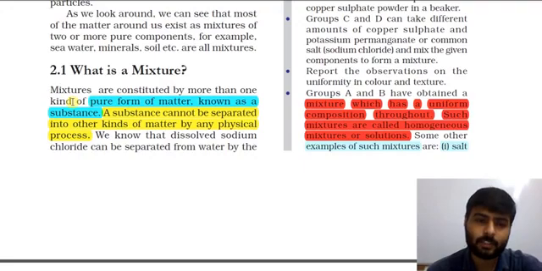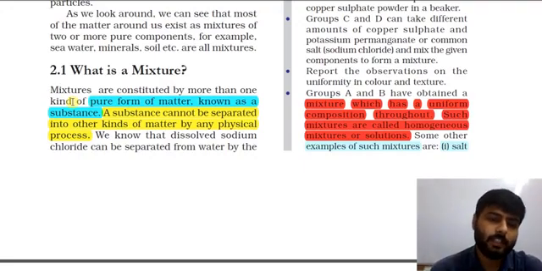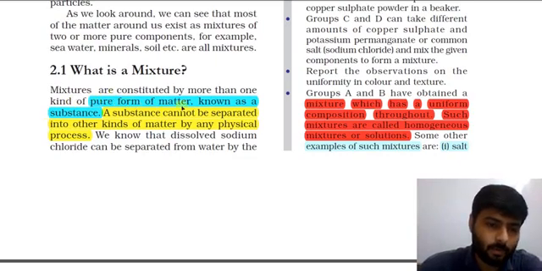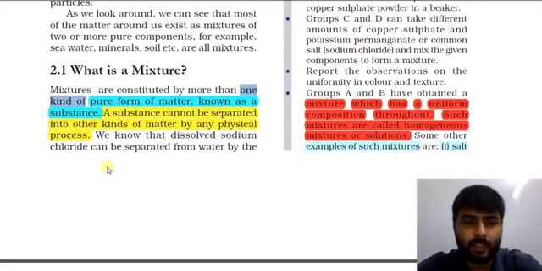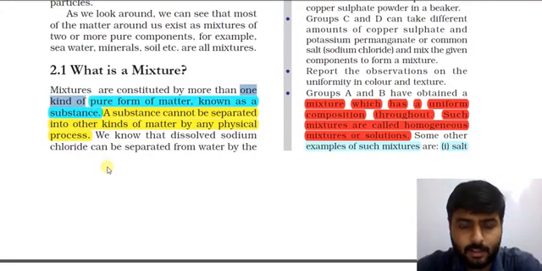What is a substance? A substance is, as you can see here, marked as a pure form of matter, and that is also one kind of pure form of matter that we know as a substance. When more than one kind of pure matter, or substances, are mixed together, it forms a mixture.